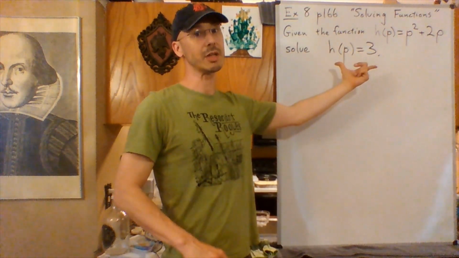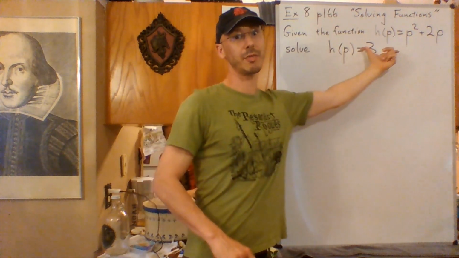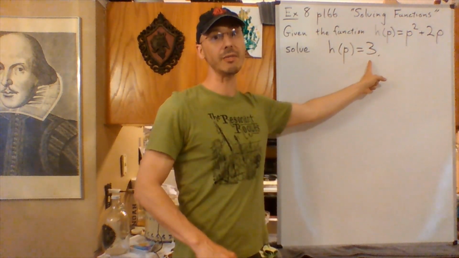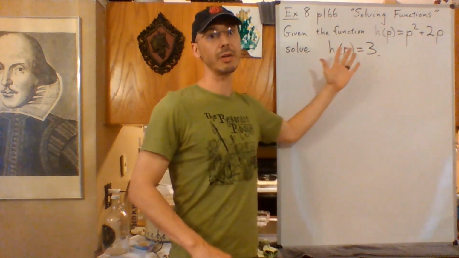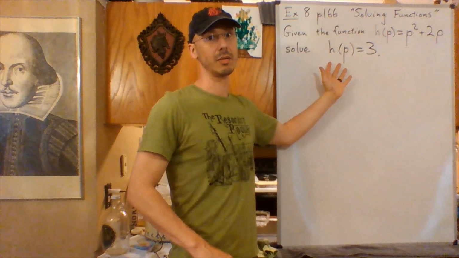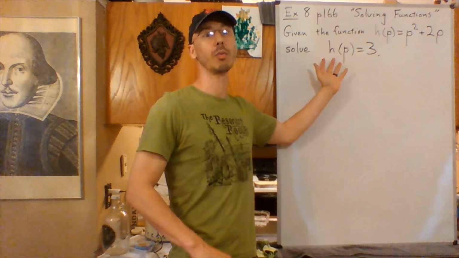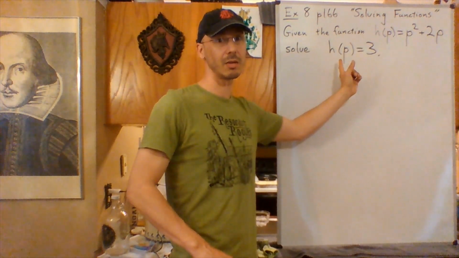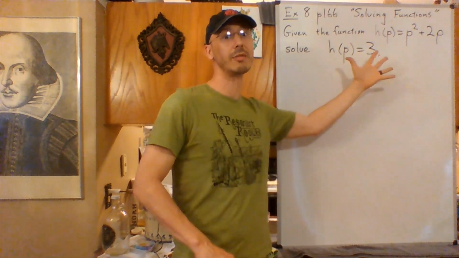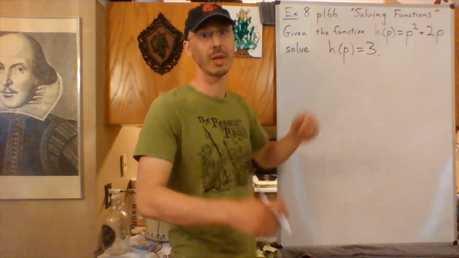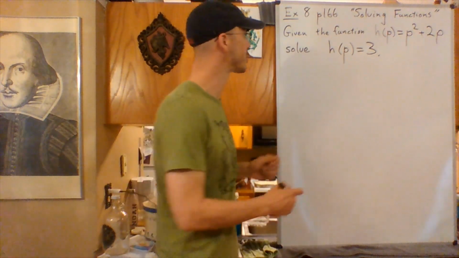Now the information I've given here, aside from the function, is not an input value or a p value, but the value of h of p. You can think of that as like a y value, but p is the x value, and the y value is the whole function value, the h of p. Here we've got different letters, but the principle is the same.